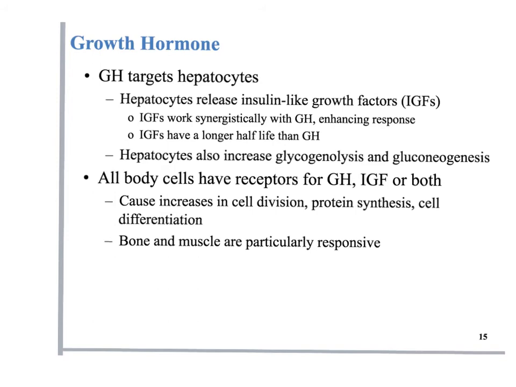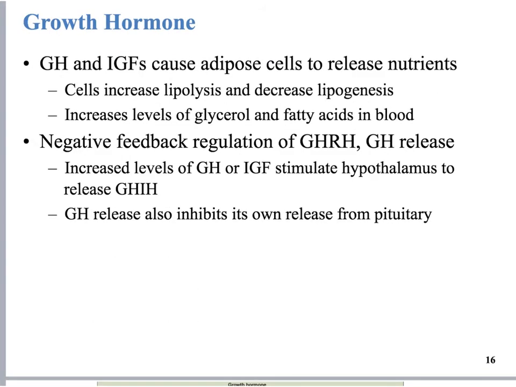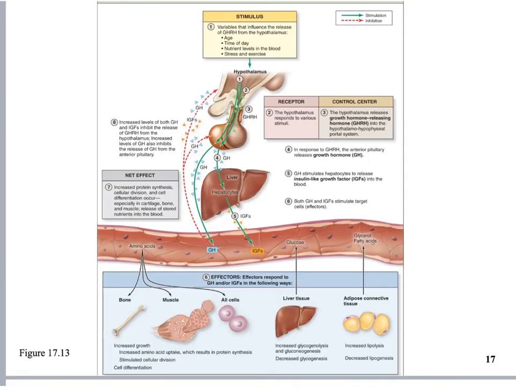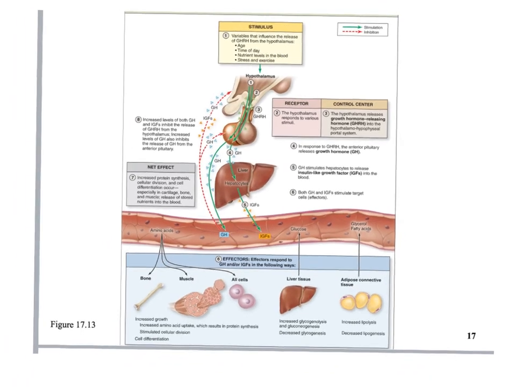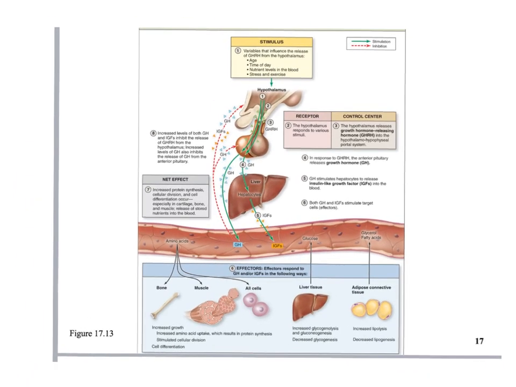So, let me ask you. We're going to skip over to this one right here. Here are all the different aspects of growth hormone stimulus. This is in your book. I'll leave this up. This is also in the slides.